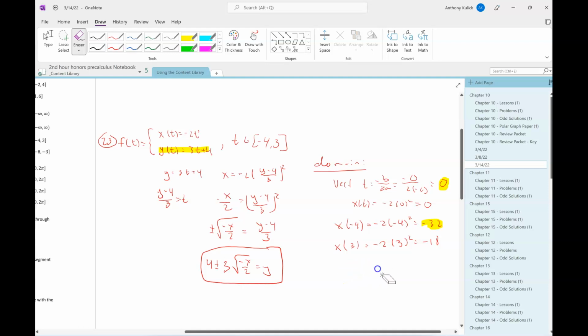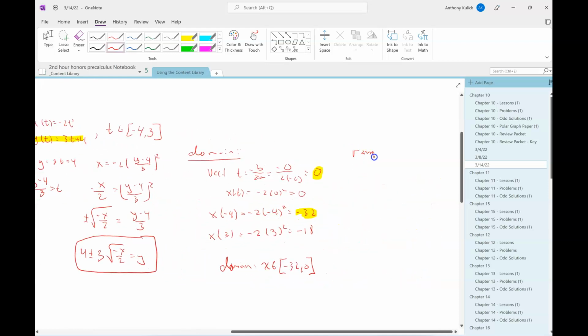So I'm just plugging in the endpoints into the first equation, because domain is all about the x, so I'm just using the x equation to do the domain, right?